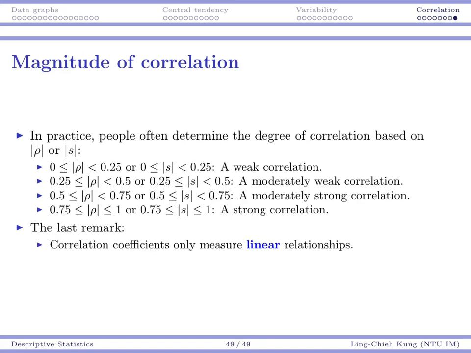In general, for different applications, you may have different standards, but a rule of thumb is here. If our correlation coefficient is around 0 to 0.25, we say the correlation is weak. If it's around 1/4 to 1/2, we say it's moderately weak. If it is between 0.5 and 0.75, we say it's moderately strong.